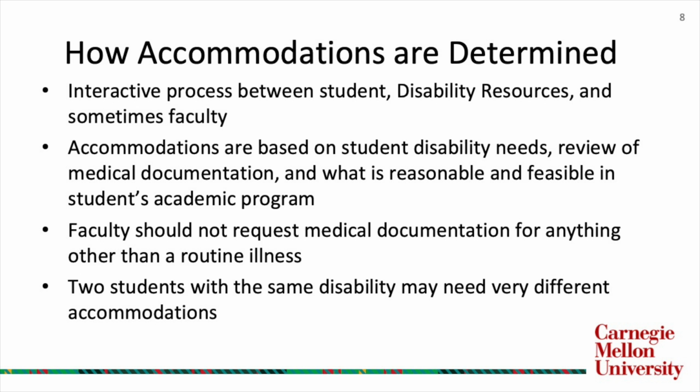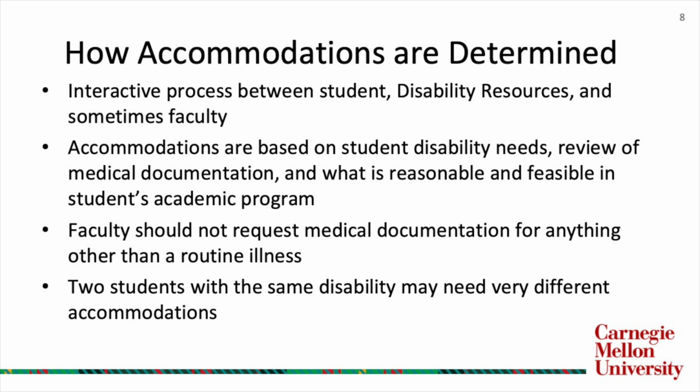We have a pretty deep background in disability, in accommodations, in ADA, so we're able to evaluate those types of requests. But it is an interactive process, and this is a really important term, interactive process, because it gets used a lot of times if a student is filing a complaint with, let's say, the Office of Civil Rights, that maybe their accommodations were not provided appropriately.